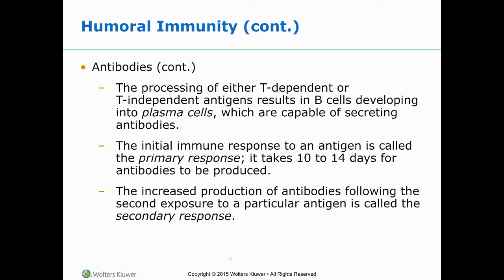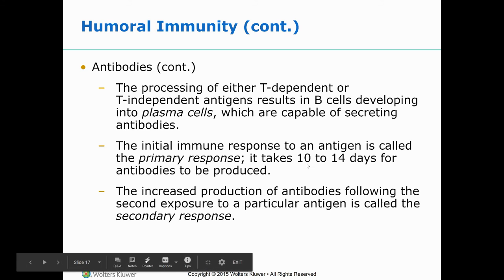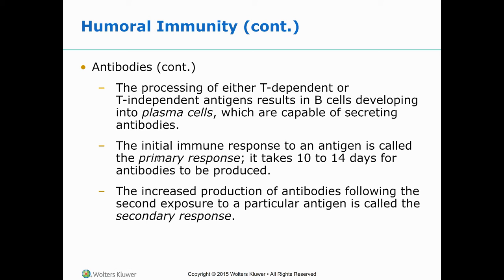So the idea here is that you go from B cells to plasma cells, and then plasma cells to antibodies. This can take anywhere from 10 to 14 days for the antibodies to be produced. A lot of times, whenever you have your initial immune response, you don't even realize that this is happening in your body. You've been exposed, but you don't show any symptoms yet.